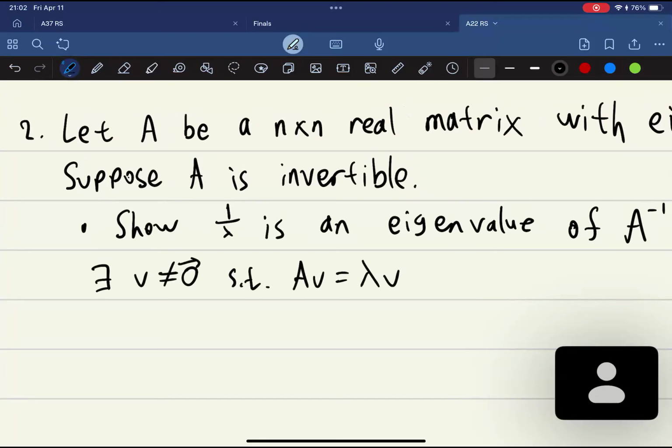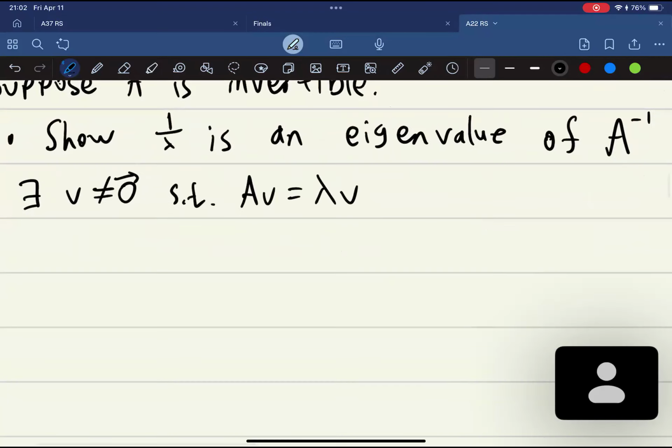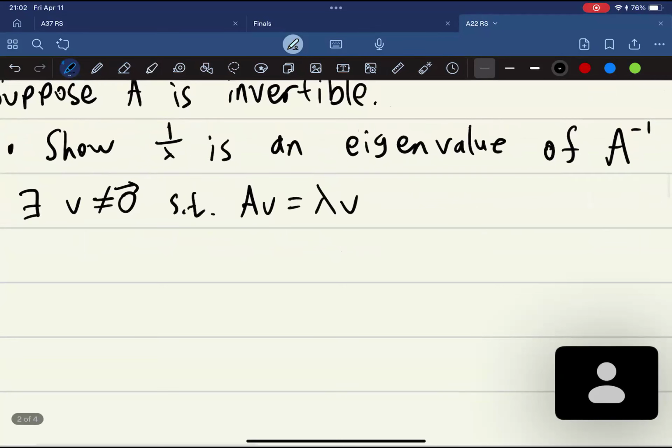And where do we continue from here on out? What do you exactly mean by A goes on the other side? If we multiply both sides by the inverse, we get this.